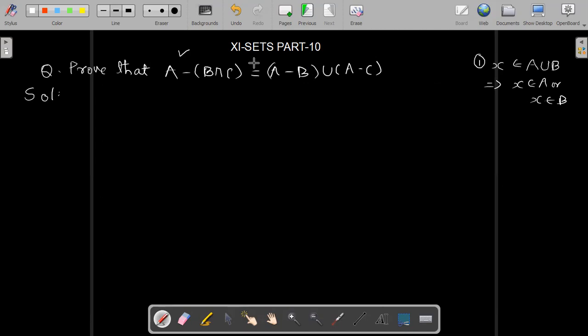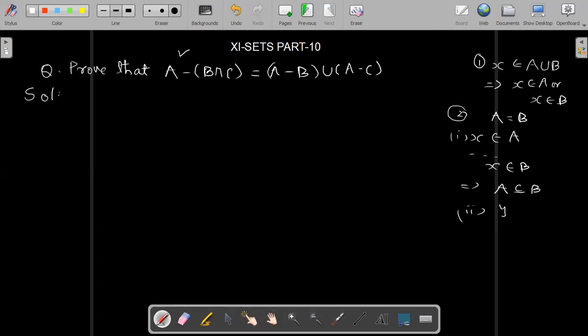So whenever we have to prove equals to, suppose we have to prove A is equal to B, we have to prove two things, as I told you before also. First, we take X belongs to A and use some properties, and we reach to the point X belongs to B, which implies that A is a subset of B. Then second time we will take another element.